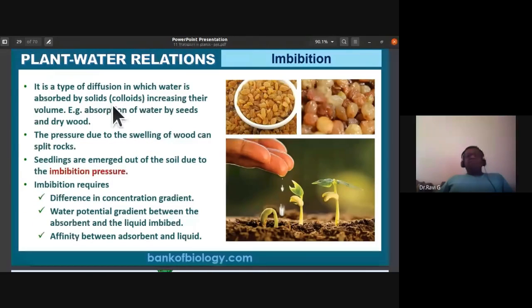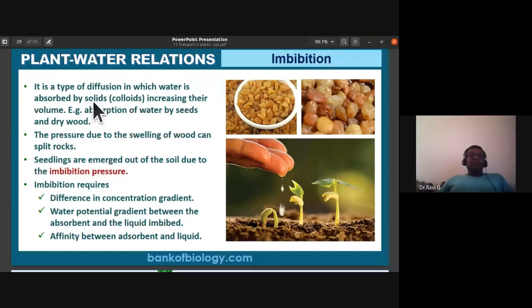The next part that we have to study is imbibition. Imbibition is a type of diffusion in which water is absorbed by solids, hydrophilic colloids, increasing their volume. Adsorption of water by seeds and dry wood is an example of imbibition.